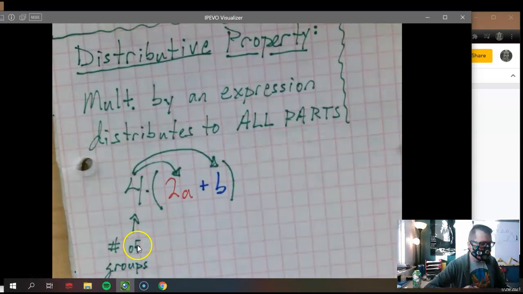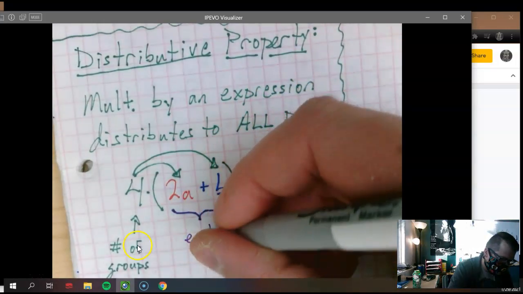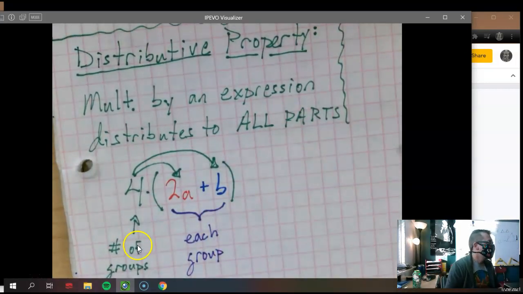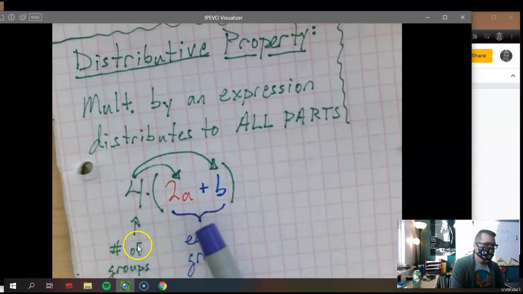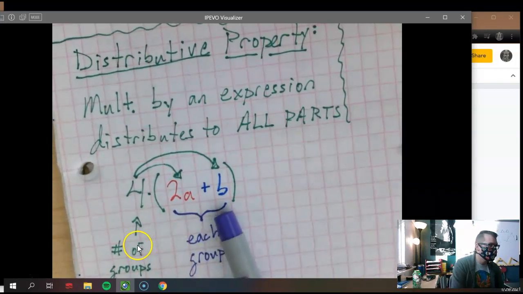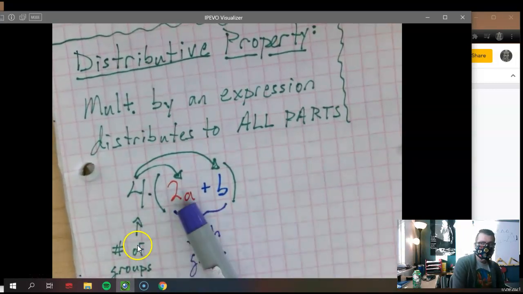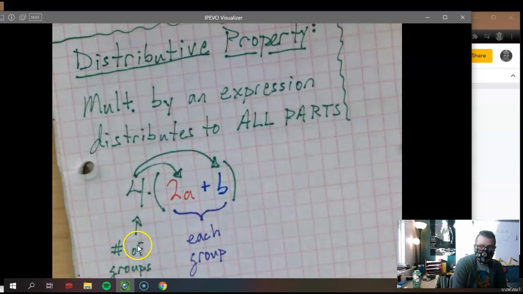And then in the parentheses is what's in each group. So guys, if 4 people go to the movies and each of them buy 2 candy bars and a bucket of popcorn, this could be a way that we write that situation. 4 people all bought 2 candy bars and a bucket of popcorn. But here we're looking at tiles, but that's how we utilize this.